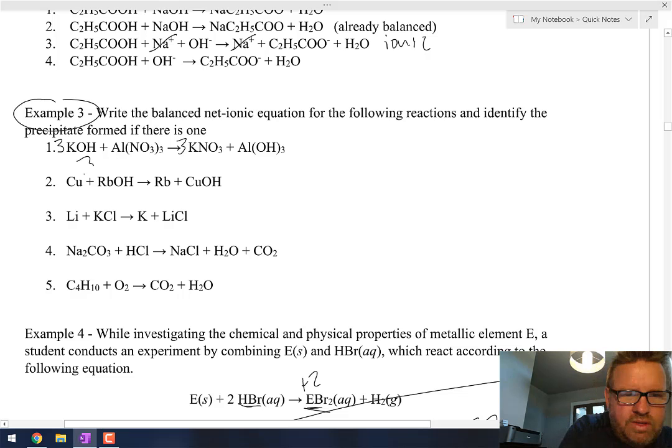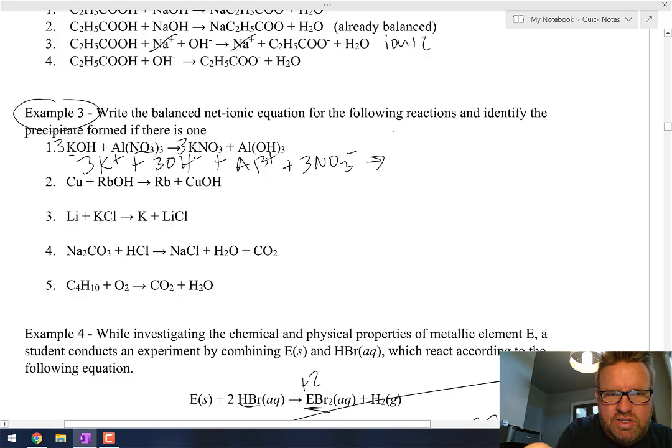Okay, good. So 3 K pluses plus 3 OH minuses plus Al3 plus plus 3 nitrates makes, and I'm breaking these apart because alkali metal nitrates are soluble. On the product side, 3 K pluses and 3 NO3 minuses, and then aluminum hydroxide.